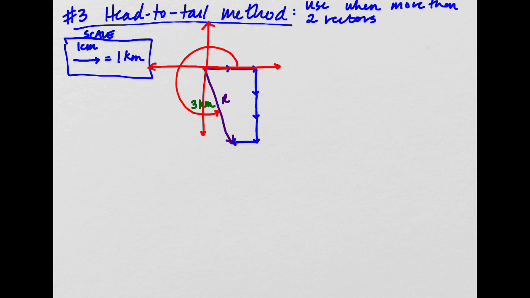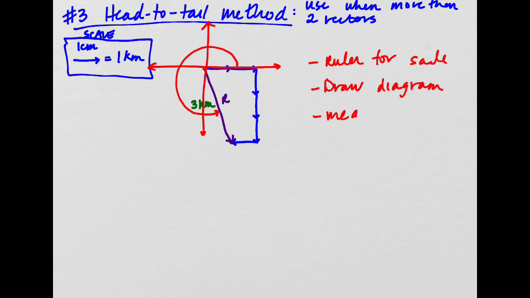So in order to do the head to tail method, you need to have a scale. You need to use a ruler in order to make a scale. Then you need to draw your diagram with all your vectors. Then you need to measure your resultant with a ruler in order to determine the magnitude.